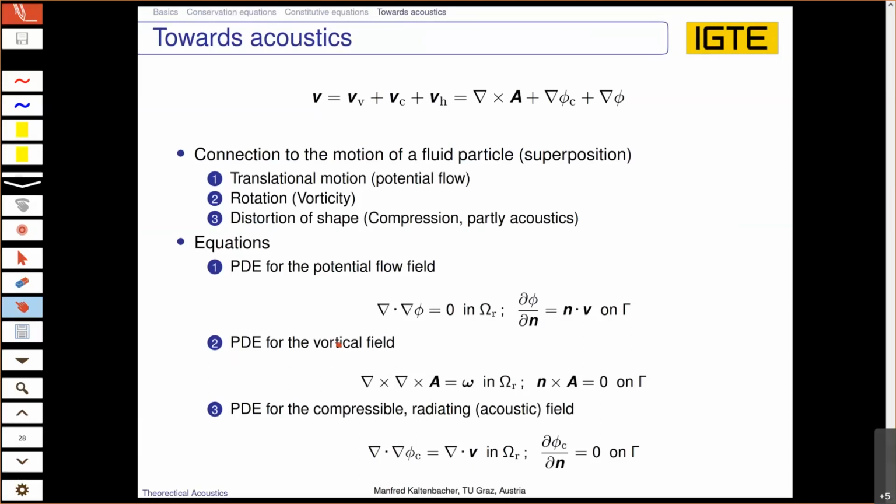We have seen that the vertical structures, being the typical structures in the flow, decay by 1 over distance to the third. So the flow and all the vertical structures will always be very confined in a somewhat small region. However, waves propagate with an amplitude decay of 1 over distance. So you will also have the acoustic waves quite far away, for example, from an airplane, while the flow is very restricted around the airplane.